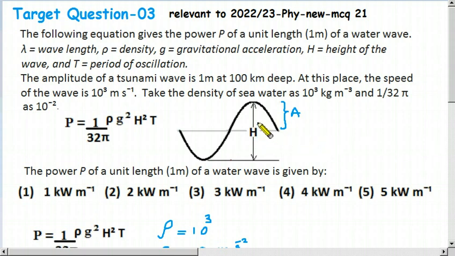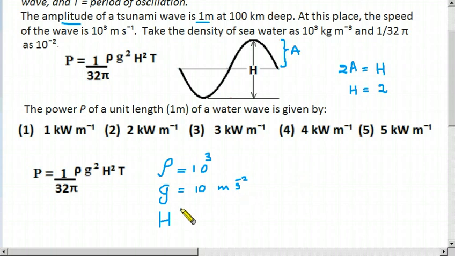Therefore we can understand that 2 times the amplitude is equal to the height. The amplitude is given as 1 meter. So 2 times 1, then the height is 2 meter.